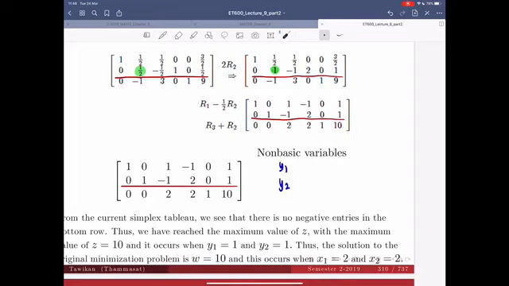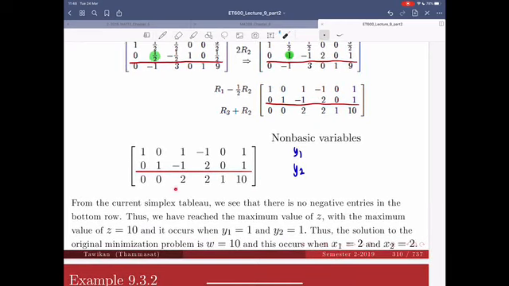Now let's look at the last row, the bottom row. You no longer have a negative entry in that bottom row. It means that you have reached the maximum value of z, and the maximum value is 10.